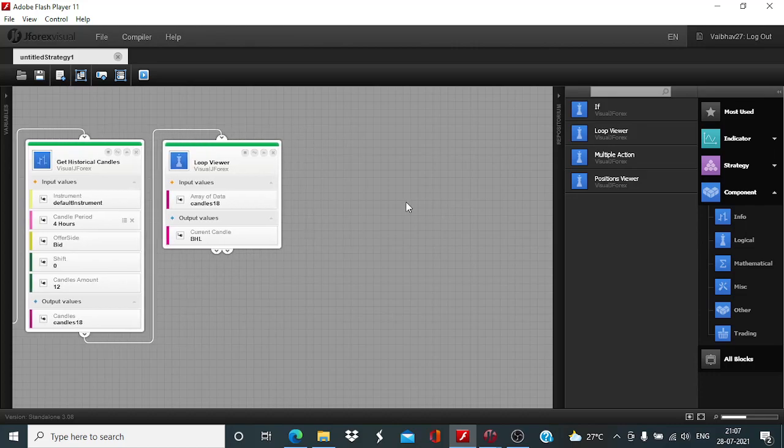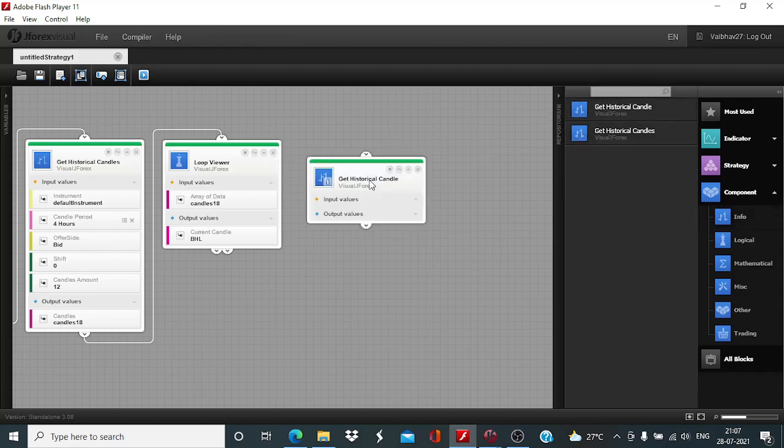And to pinpoint the exact entry point we will also be relying on the 10-second candles. For that we have to again add the info component.